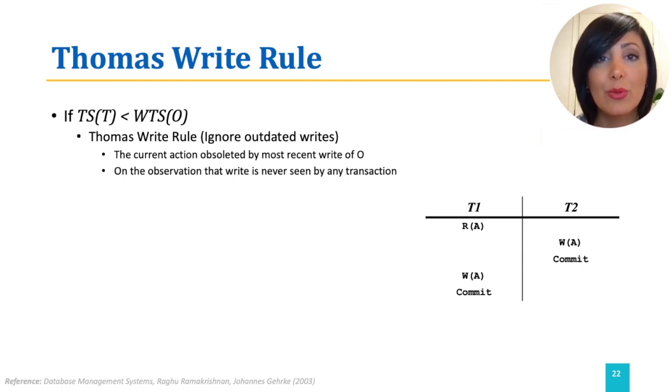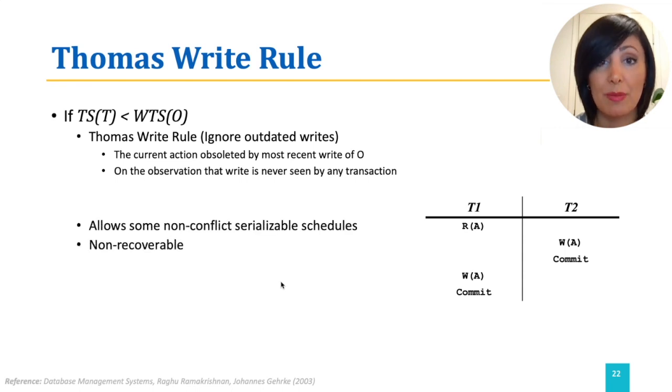Applying Thomas Write Rule will allow accepting non-conflict-serializable and non-recoverable schedules that were not allowed using the timestamp ordering protocol. So it is more permissive at the cost of giving up conflict serializability and recoverability.